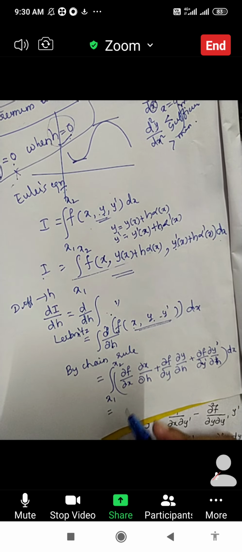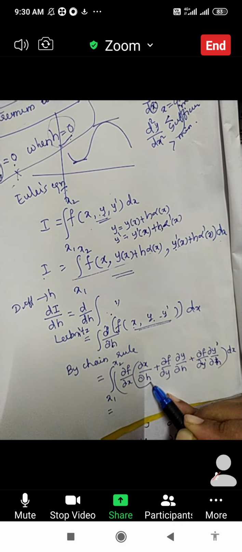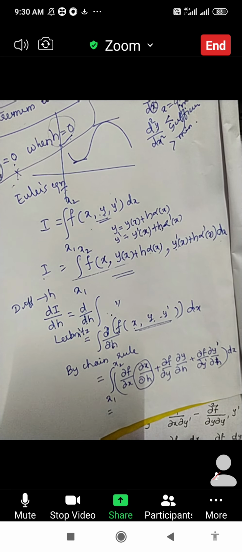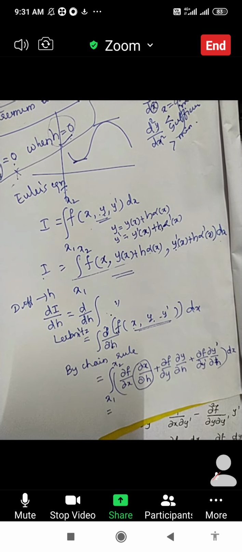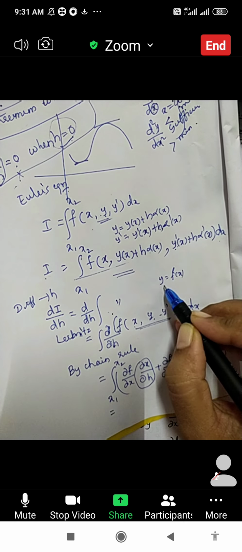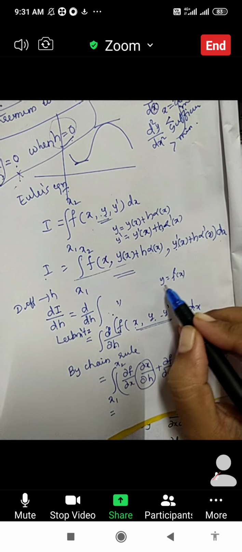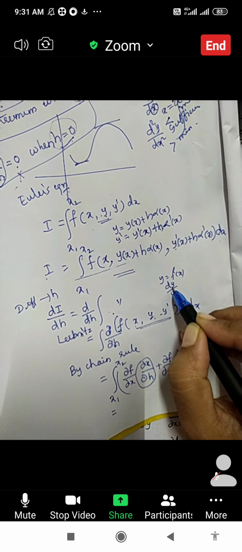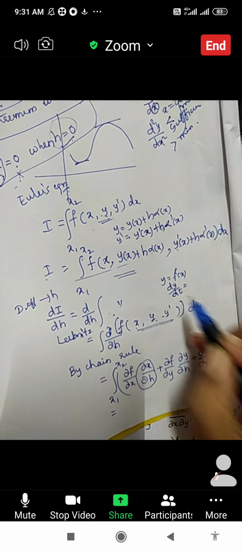No. So what happens to this quantity, the derivative of x with respect to h? What is its value? If you have y as a function of x, the derivative of y with respect to x is 0. If I want to find the derivative of y with respect to t, what is the value?